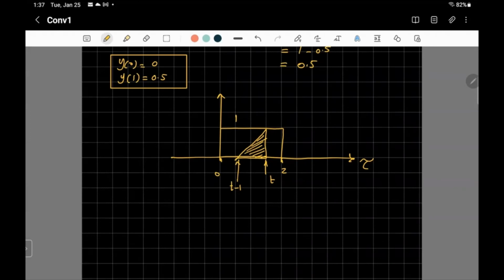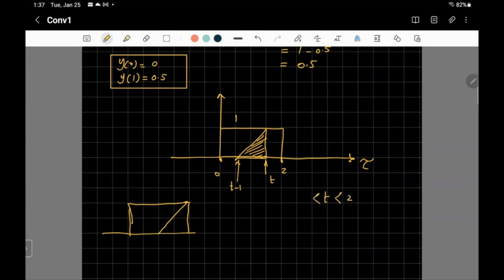So what's the limit in t? 2? Well, let me just sketch. That's 2. It means t equals 2. It means it will be like that, right? If it moves a little bit after that, what will happen? So that's right, t should not exceed 2. All right, so say t less than 2.